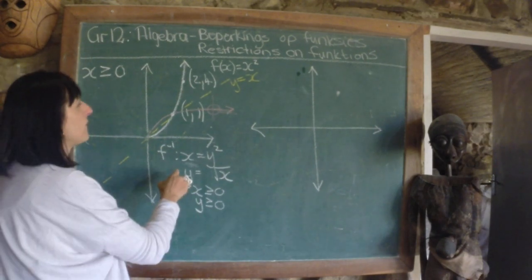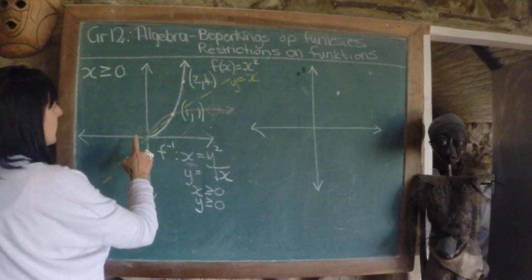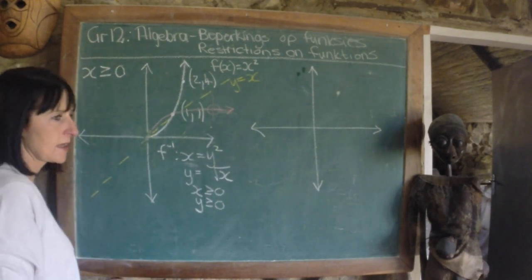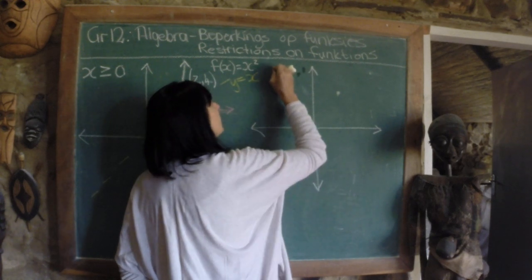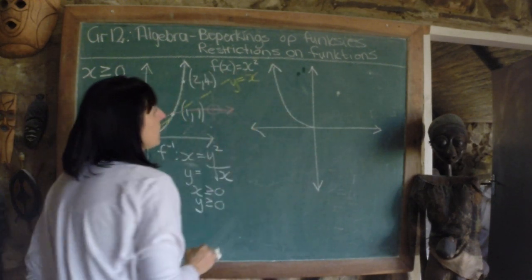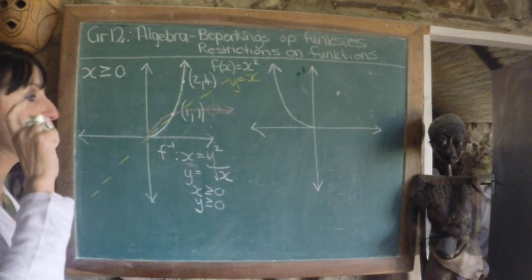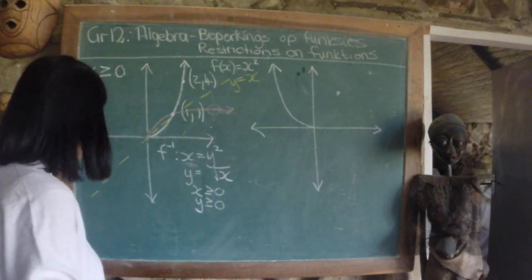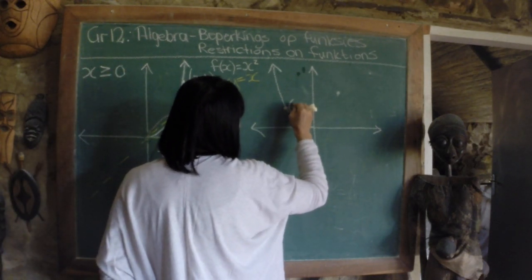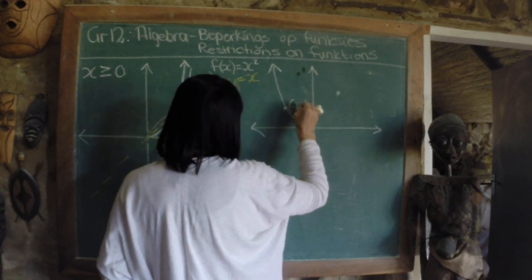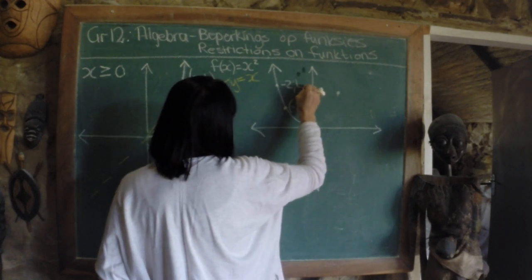Dit is nou 'n inverse funksie. So wat het ek gedoen met my parabool? Ek het hom beperk deur sy een been af te sny. Nou kan ek die ander been ook, ek kan hierdie gedeelte van my parabool funksie, I'm going to draw that now, and I'm going to determine the inverse function of that part. So if you put in the coordinates, it's now (-1, 1), and that one is (-2, 4).